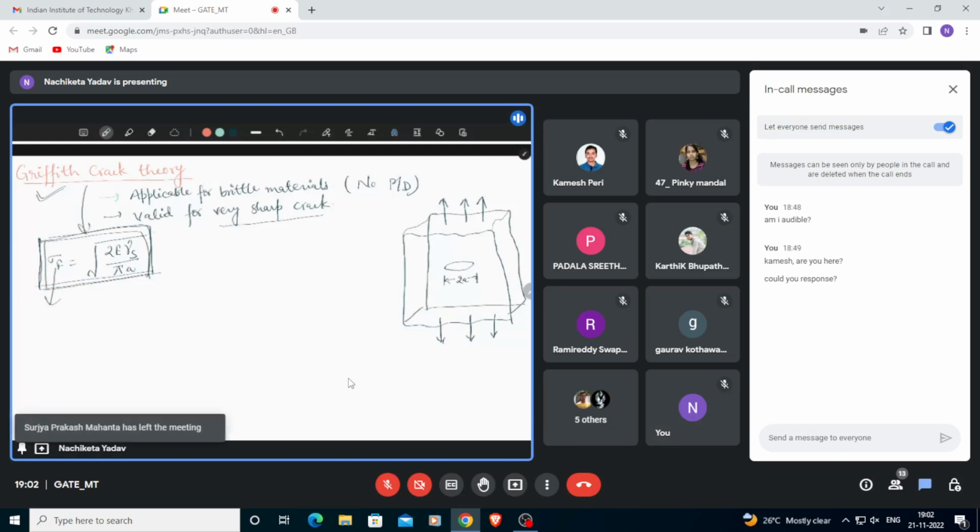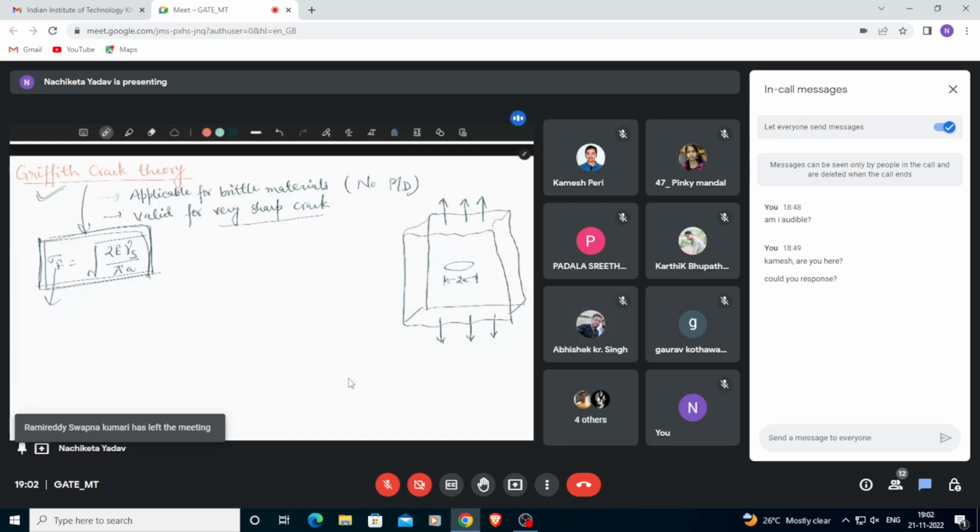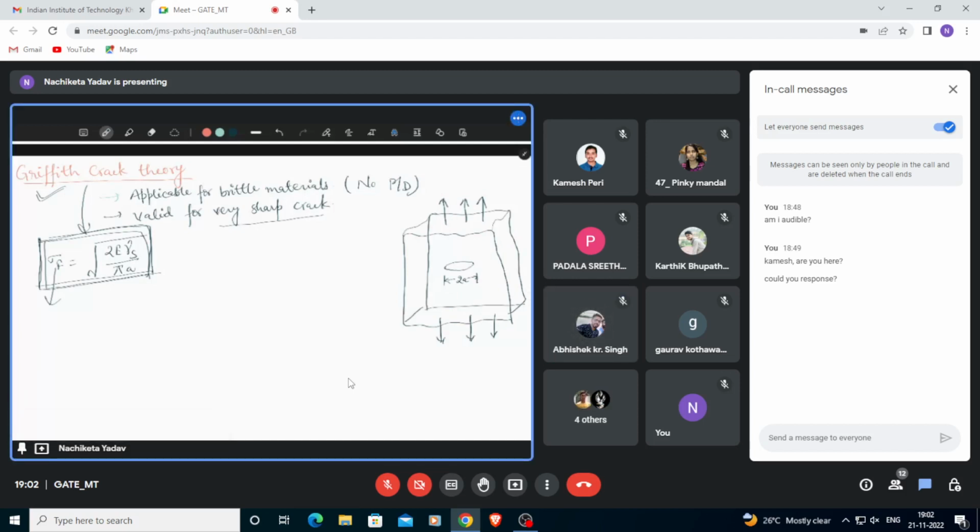So can anyone tell me what is gamma S here? Yeah, surface energy, specific surface energy. E is the modulus of elasticity.